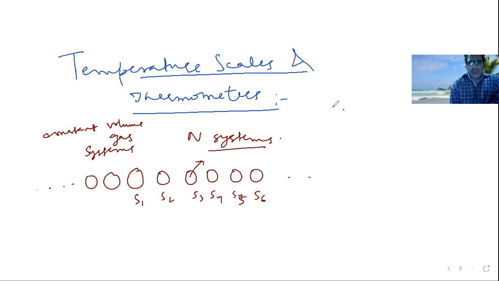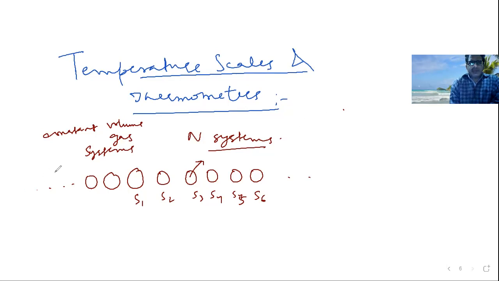One was at higher temperature, second one was at lower temperature. Now if the pressure of a system decreases, that means it is cooling because it is a constant volume gas system. That means it was already at higher temperature. And if in thermal contact the pressure of a system increases, that means it is heating up. That means it was previously at lower temperature.